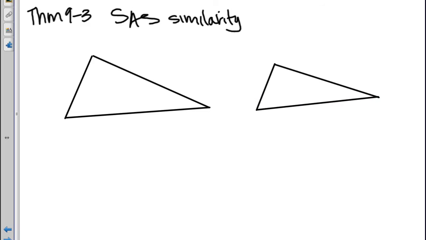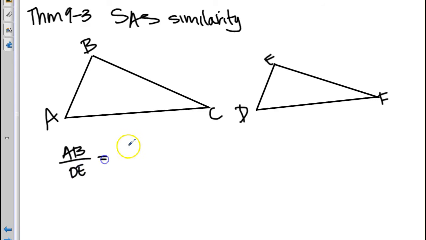All right, so here's what this one says. If the measures of two sides are proportional, so AB over DE equals BC over EF, so they're proportional to each other, and the angles between them are congruent to each other, then the triangles are similar.